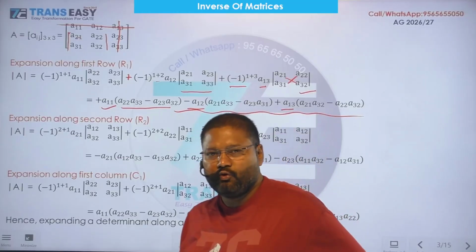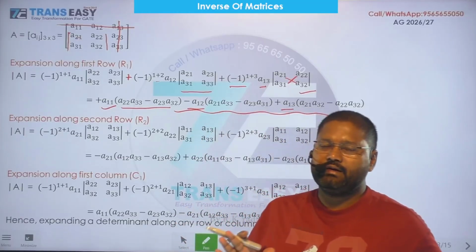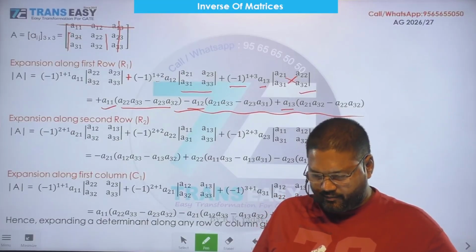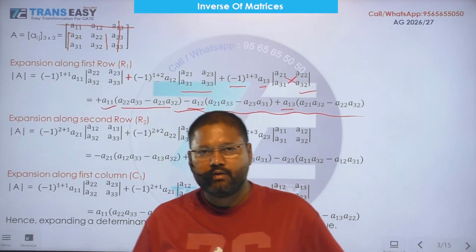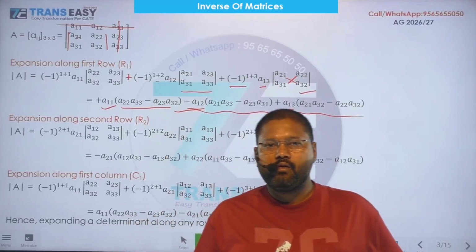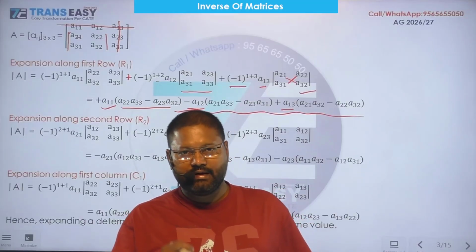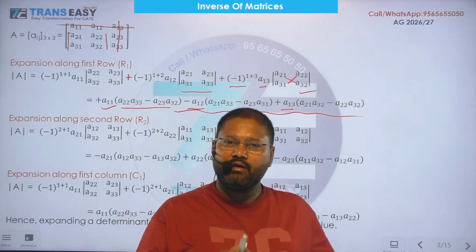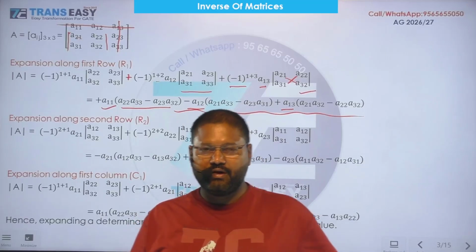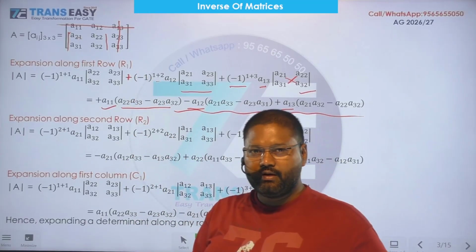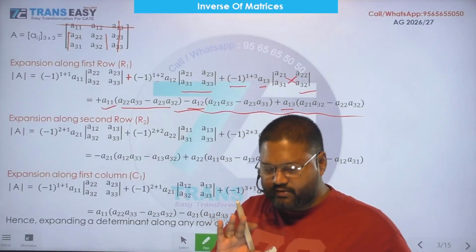Matrix has no value, but it's a determinant. If matrix has arrangement of numbers, then its determinant has some value, right? Its determinant has some value, but matrix has no value.